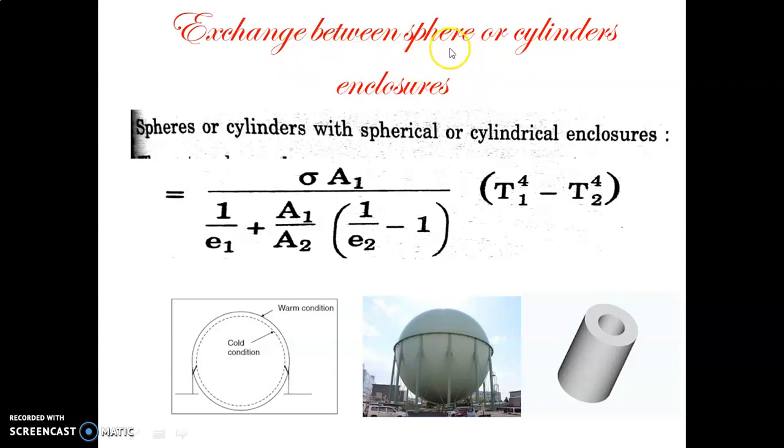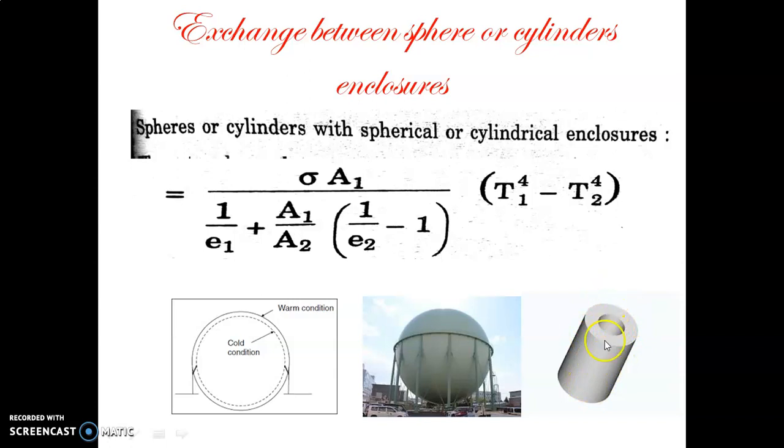So what is meant by enclosure? Sphere enclosure means a sphere which is having another sphere in it. And cylinder enclosure means a cylinder is having another cylinder. Here I have shown that figure. This is the internal cylinder, and this is enclosed by another cylinder.